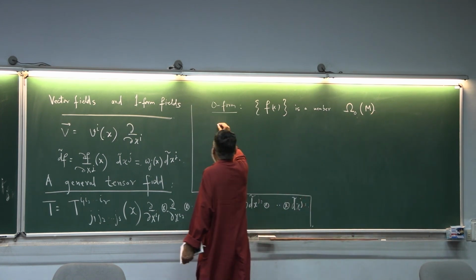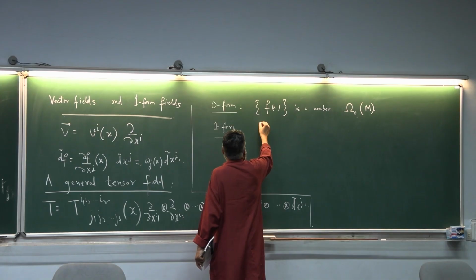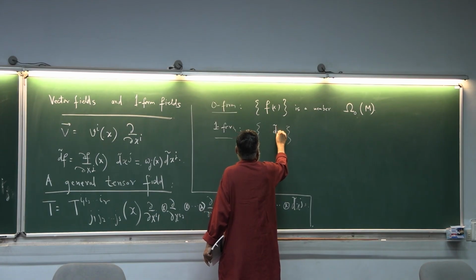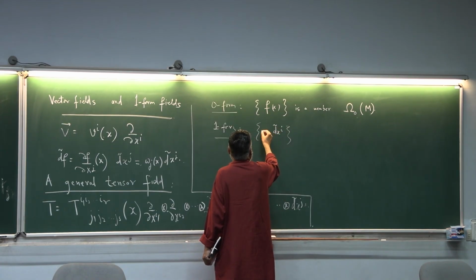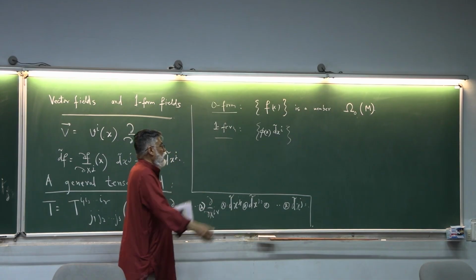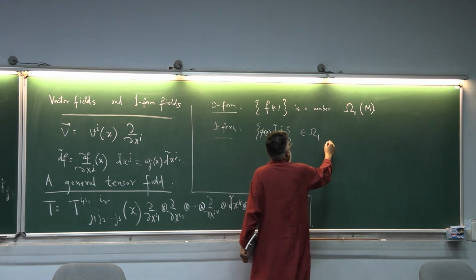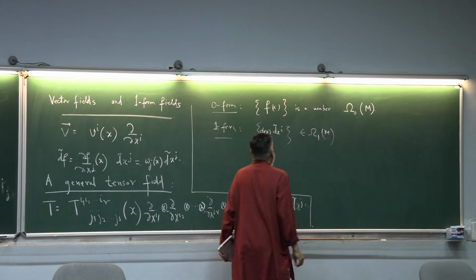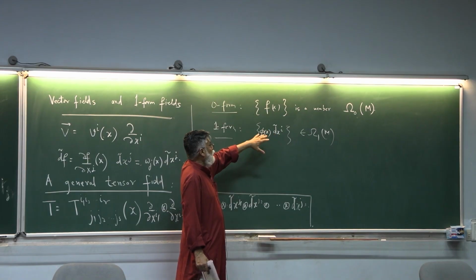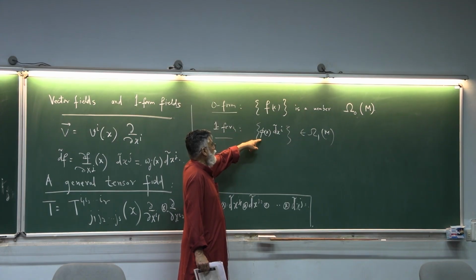One form, we have already encountered one form fields. So the class of all objects which can be written as d of xi times some arbitrary scalar field phi of x, in coordinate basis of course, in general, belongs to omega 1 M. From here and here you can't distinguish what is so great about omega 0 M and omega 1 M. After all, they are the same scalar field and one form fields.